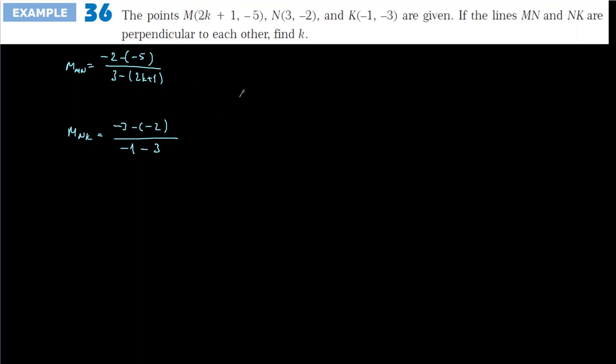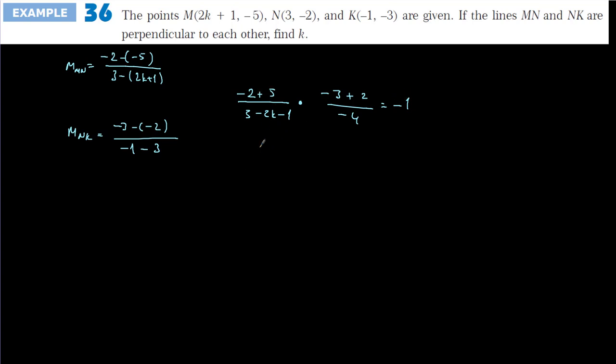So if they are perpendicular to each other, the product should be equal to minus 1. But first let me do this operation: minus 2 plus 5 divided by 3 minus 2k minus 1, times minus 3 plus 2 divided by minus 4, should be equal to minus 1.